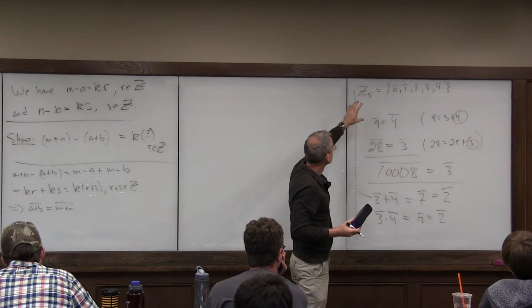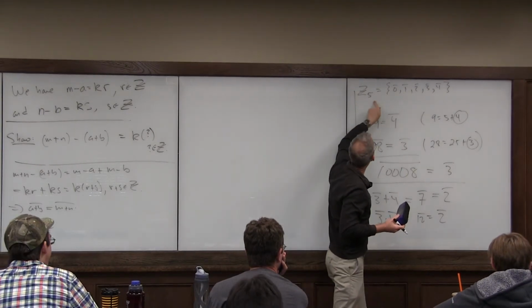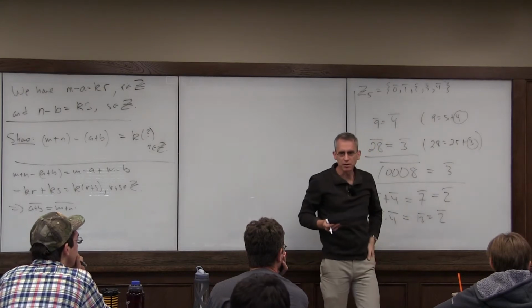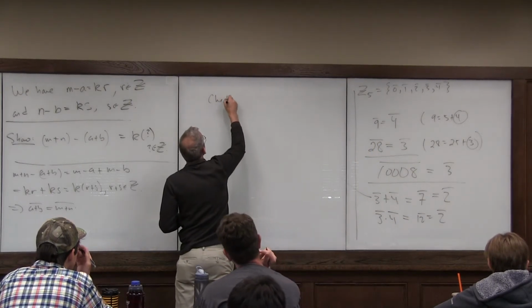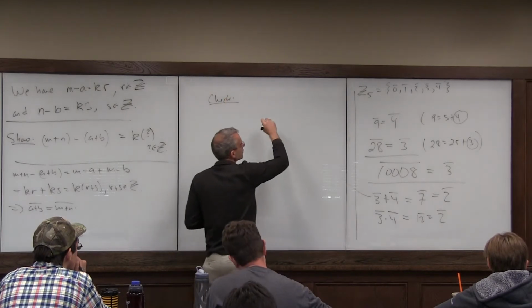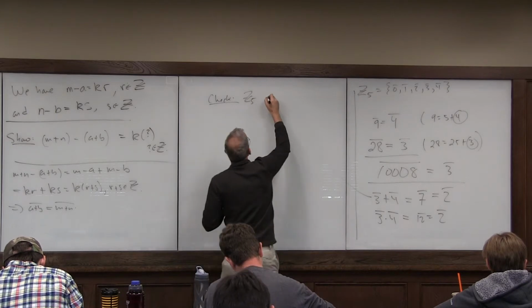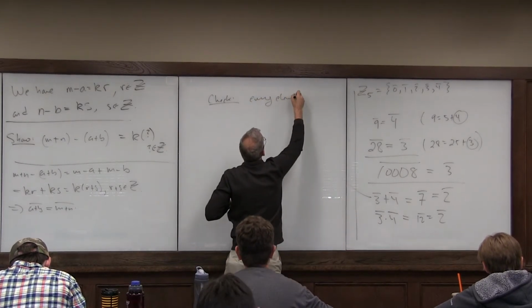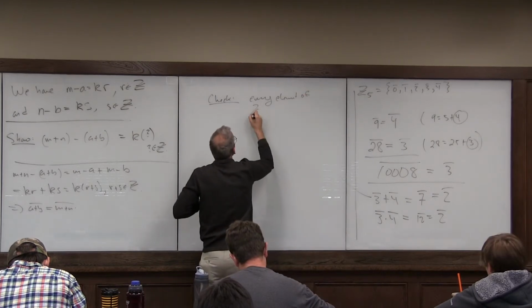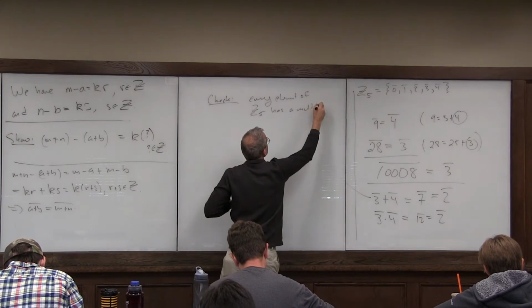We're not going to check all the axioms, but the only thing that turns out to be missing in making something a field is multiplicative inverses. So let's check, and you'll have to do homework on z3, so it'll be even easier, that every element of z5 has a multiplicative inverse.